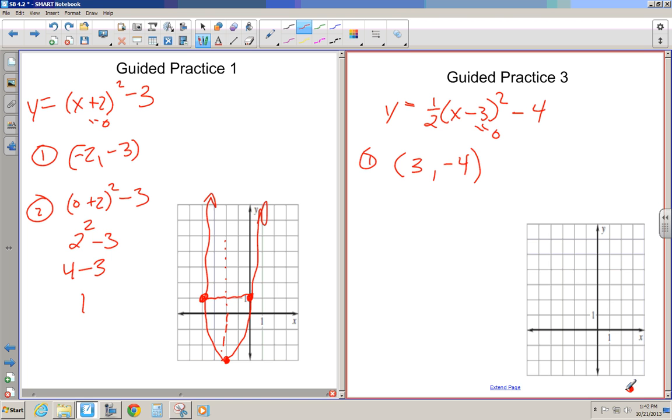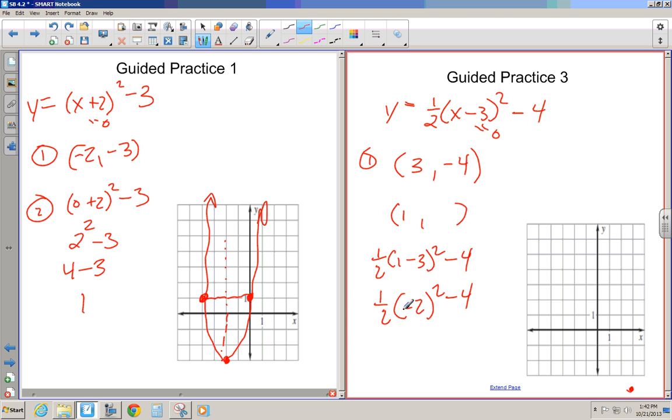Let's pick maybe 0. Let's choose 1. Let's try 1 out and see what we get. So I have half of (1 minus 3) squared minus 4. So half of -2 squared. That's 4.